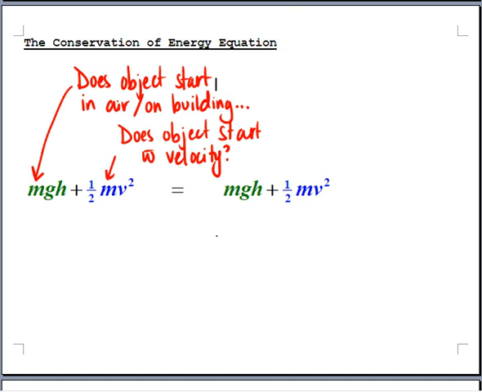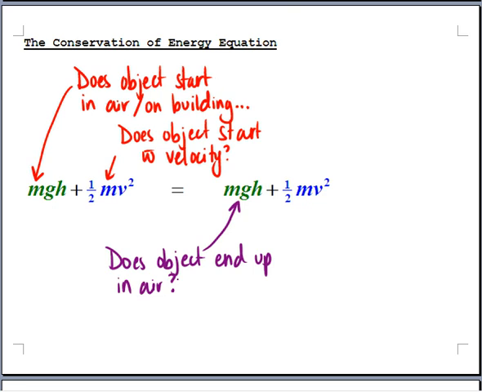Now on the other side, we ask ourselves exactly the same questions, but not does the object start in the air. We say, does the object end up in the air? Because now we're looking at after some event has happened. So does the object end up in the air, on a building, on a hill, in a tree, something like that?